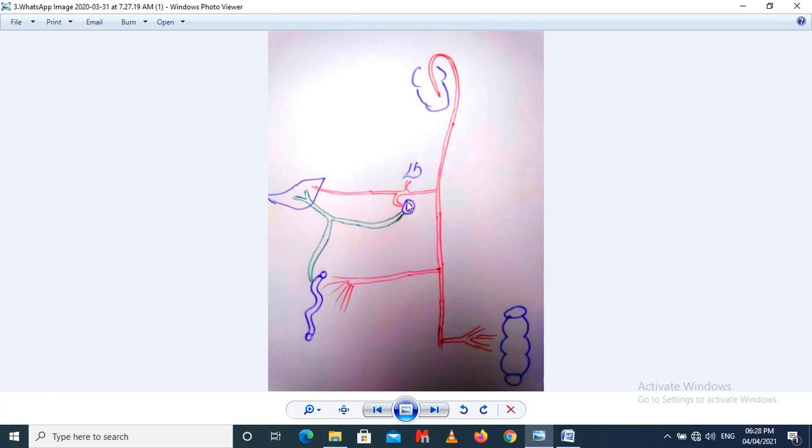Now you can see over here that from the spleen, which gets blood supply from the celiac trunk, a vein arises, and this vein is called the splenic vein. This splenic vein also comes here and combines together with the superior mesenteric vein to form what? To form the hepatic portal vein.